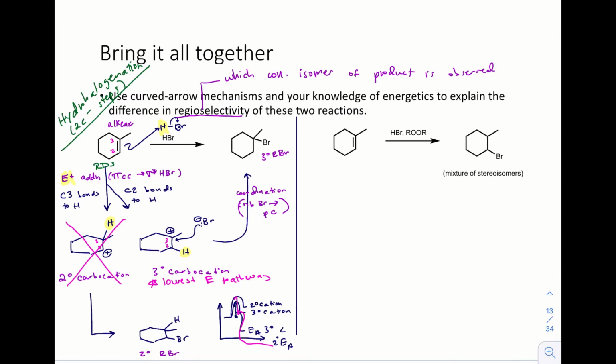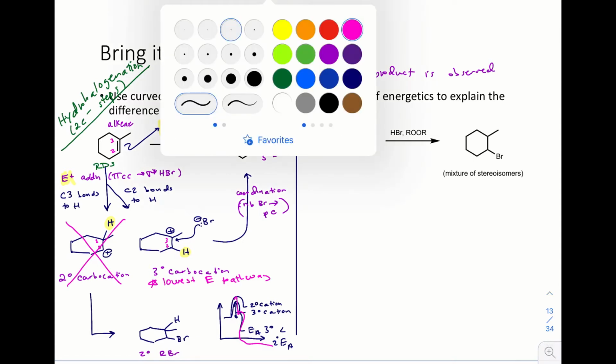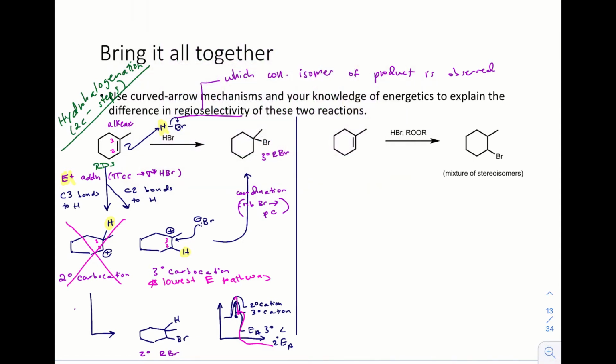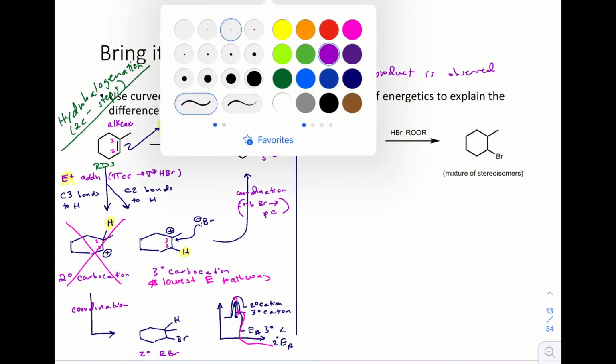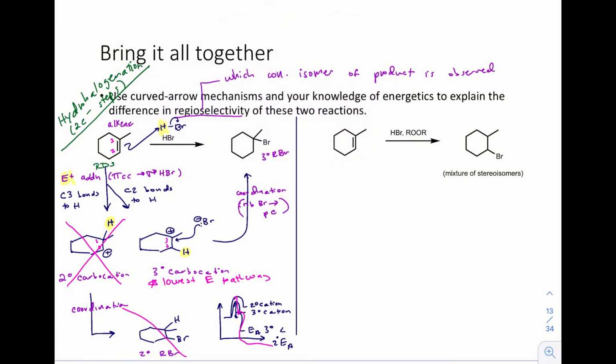It is higher energy. And even though a coordination step could happen on that secondary carbocation to form the secondary alkyl halide, because the secondary carbocation is not formed, the secondary alkyl halide is also not formed, not observed.